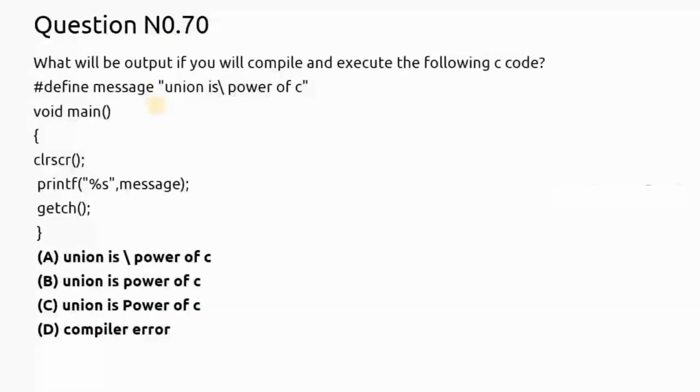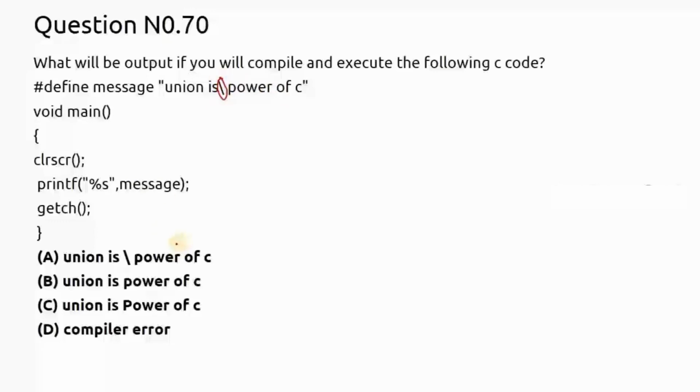And one more question here, similar to that. #define message, wherever you have message, it has to write union is power of C. So even if you do like this, %s message, what is message? It has to write all those things. But here this symbol will be skipped here also.